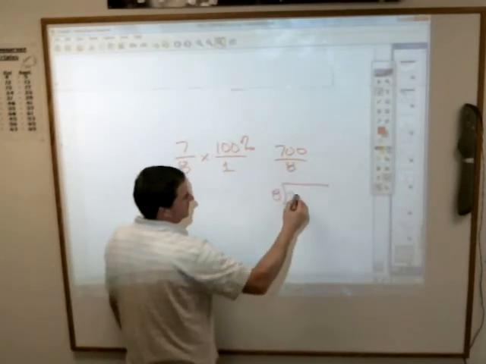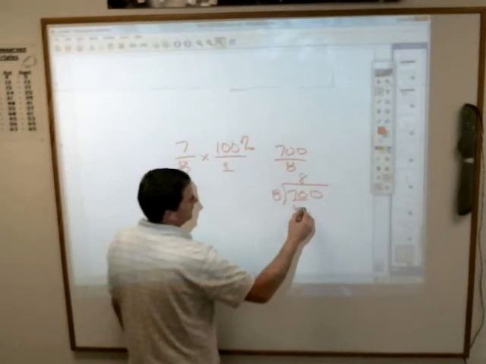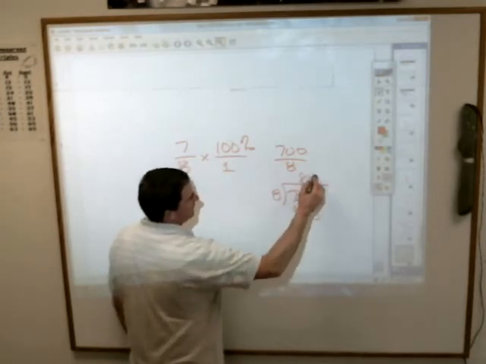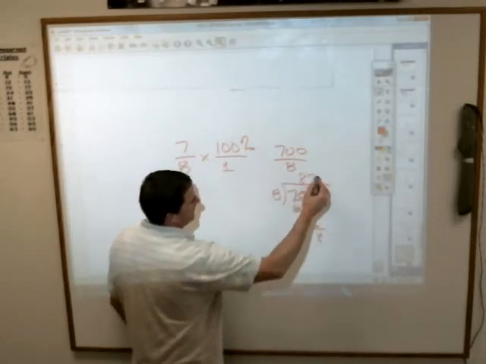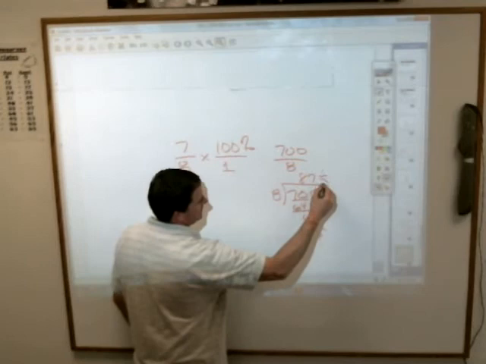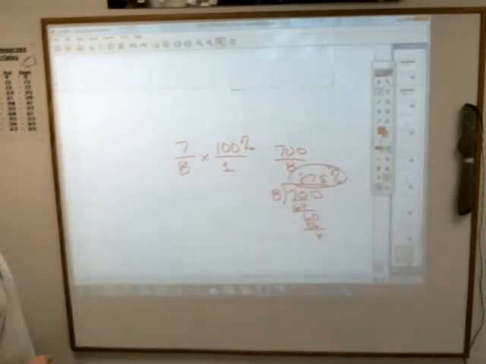So off to the side here, 8 goes into 700. 8 times 8 is 64. 8 goes into 60 7 times, 56. I have 4 left over, so it's 87 and 4/8, which is 87 and 1/2% as you reduce it. Like I said, it's not always the quickest or the simplest way, but it always works.